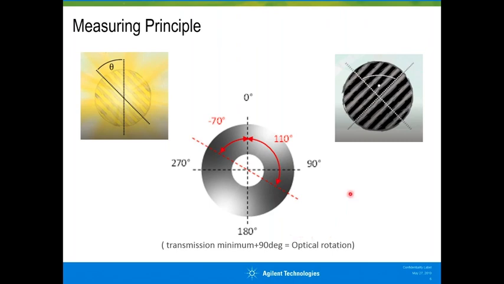Whatever the angle of transmission minimum is, we add plus 90 degrees to it to determine the optical rotation. So in polarimeters, the transmission minimum is measured, not the first phenomenon that I talked about, where we compare low light and slightly more light.